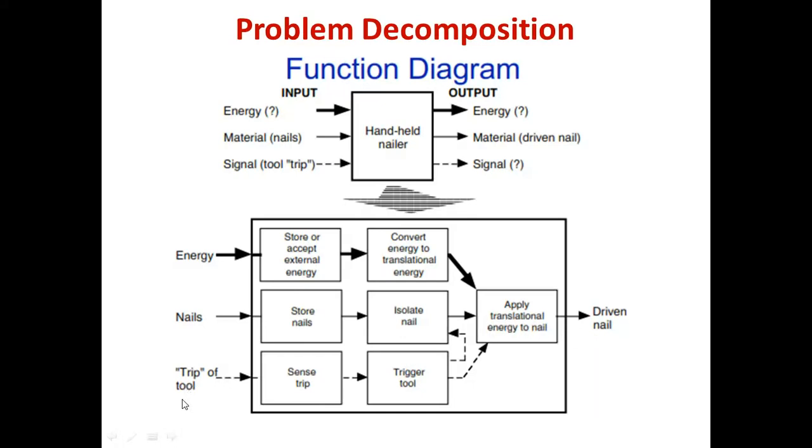Then trigger of the tool: sense trip and trigger the tool. Every time a nail comes out, it will take 0.2 seconds for another nail to come. This is triggering, which is also translation energy. So we get the driven nails.